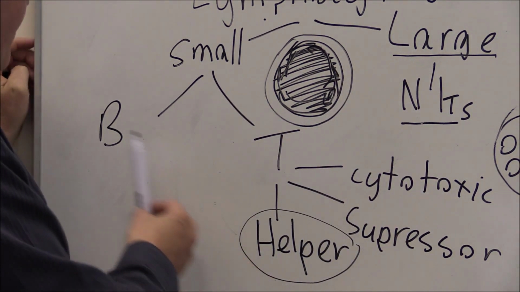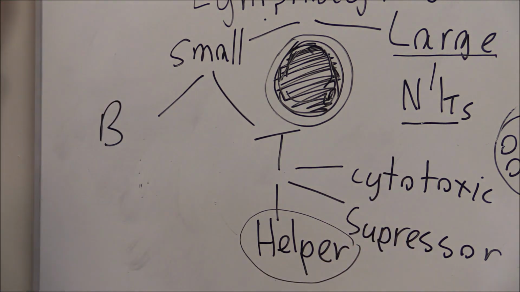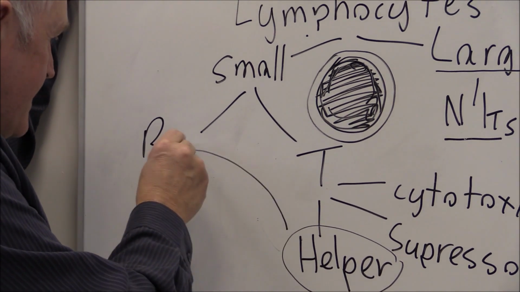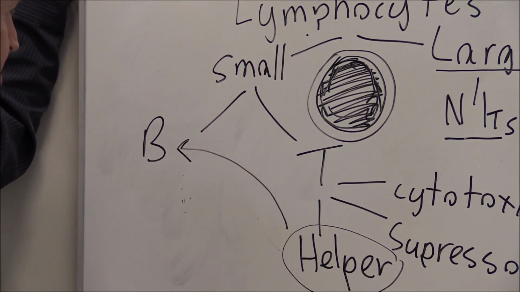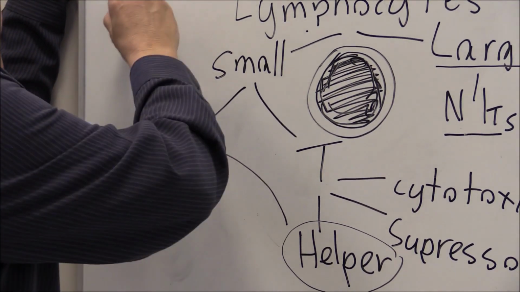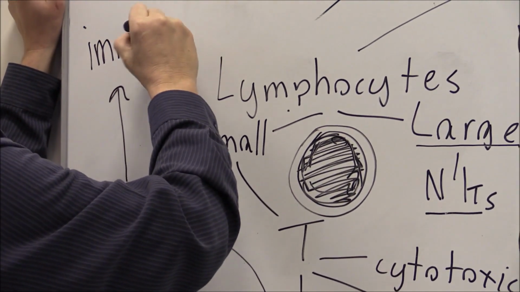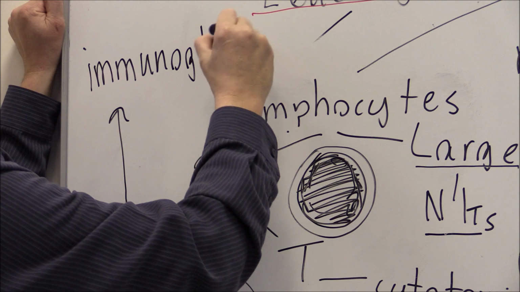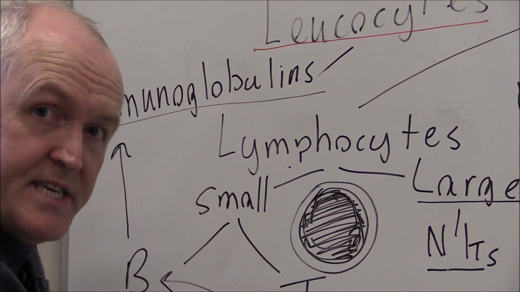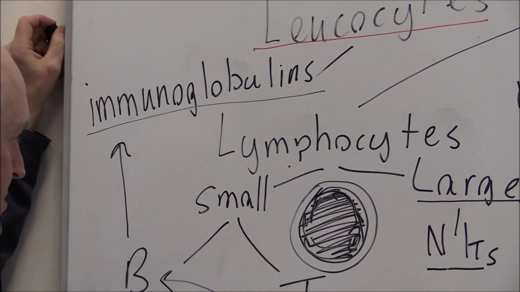The small can be B or T. The T can be helper, suppressor, or cytotoxic. Now it's the B cells that are actually helped by the T helper cells to produce the antibodies, the immunoglobulins. So the B cells are producing the immunoglobulins, the specific immune proteins that give us specific acquired immunity. Absolutely vital.